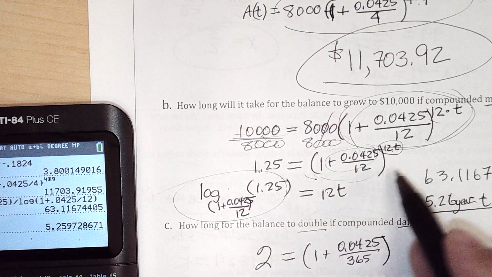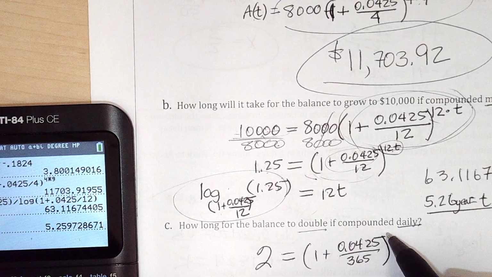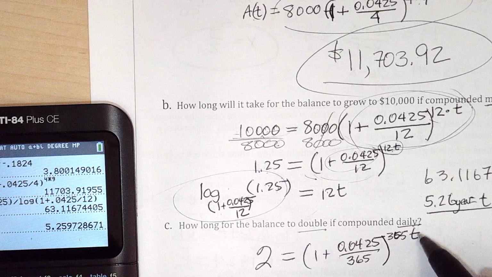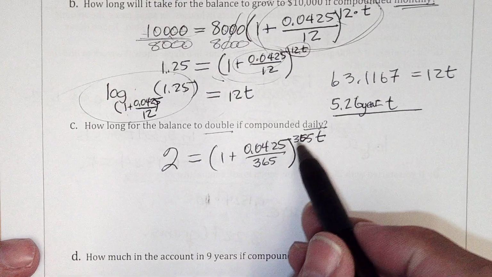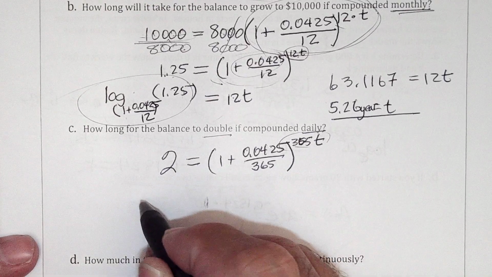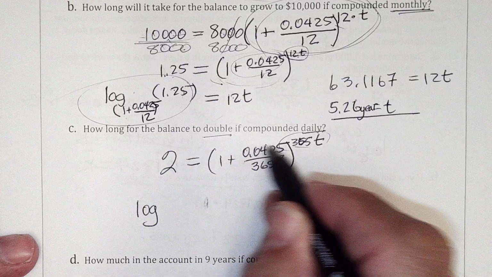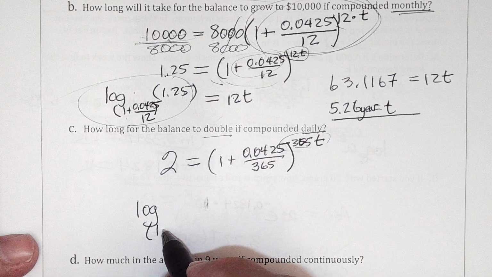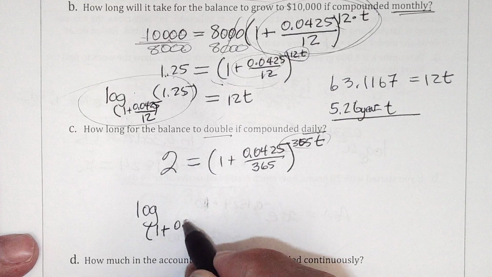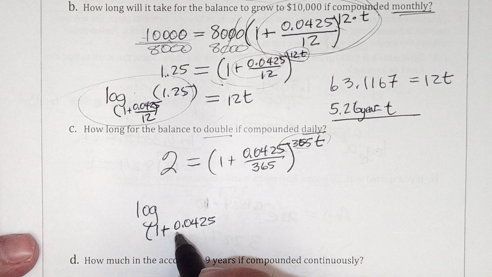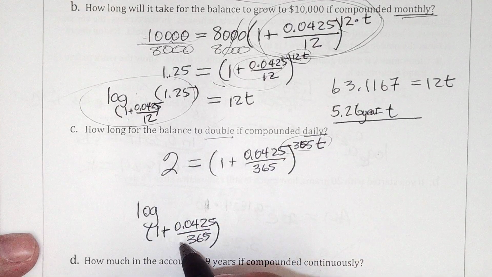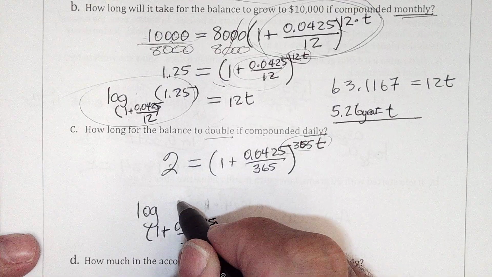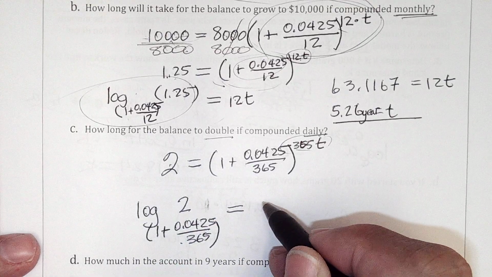And we have to take it to the power not 12 times a year, but 365 times a year times the number of years. Okay. So again, I'm solving for a power, so I need the log. This is the base, divided by 365, that's the base. So log base this of the number 2 equals the power.